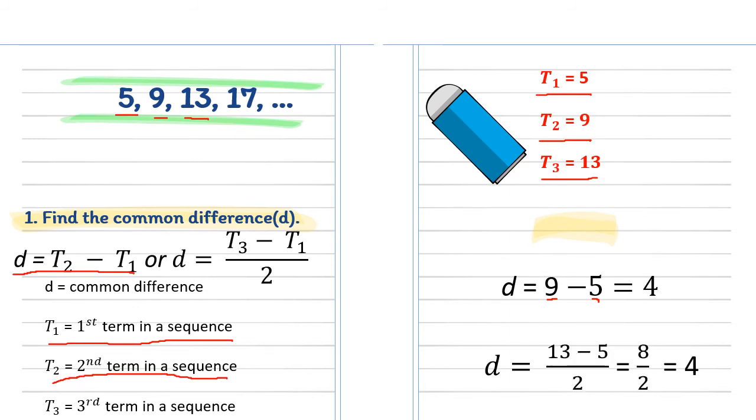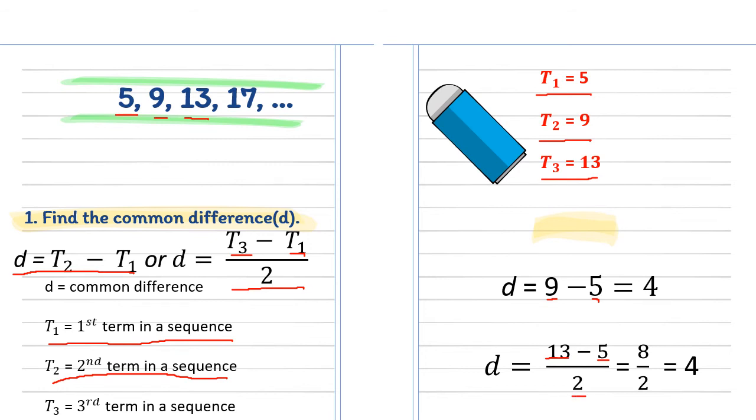Next formula. Let's use this formula: t₃ is 13 minus t₁, t₁ is 5, all over 2.